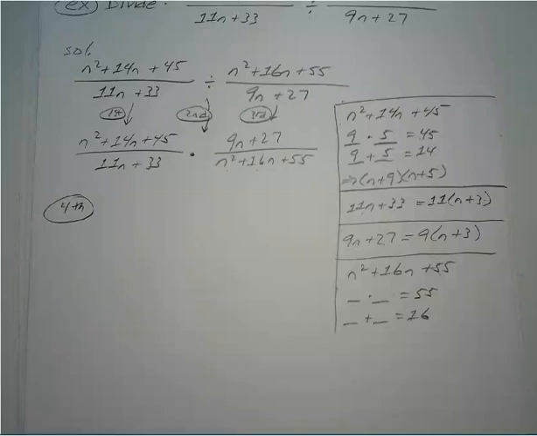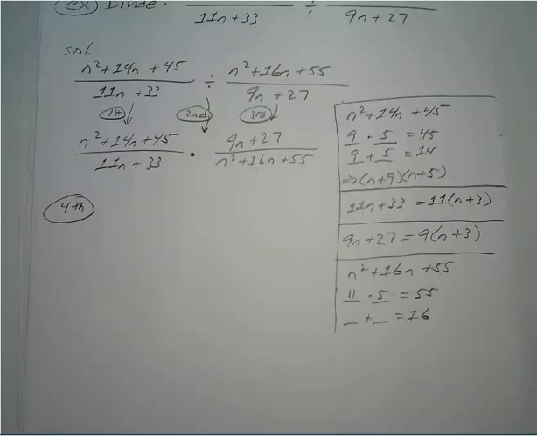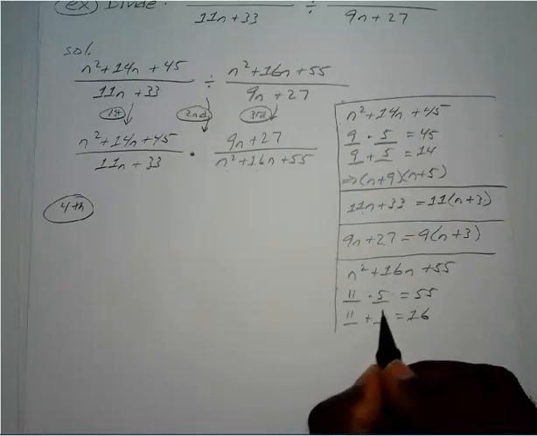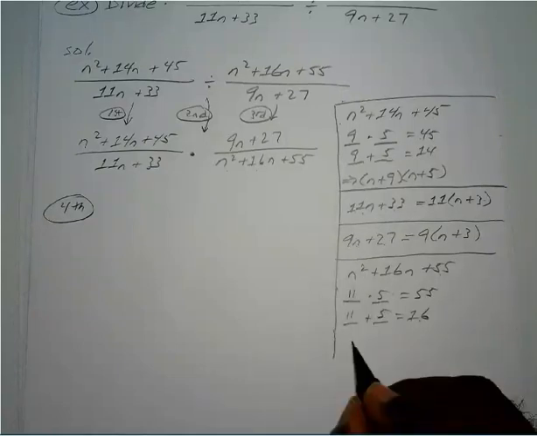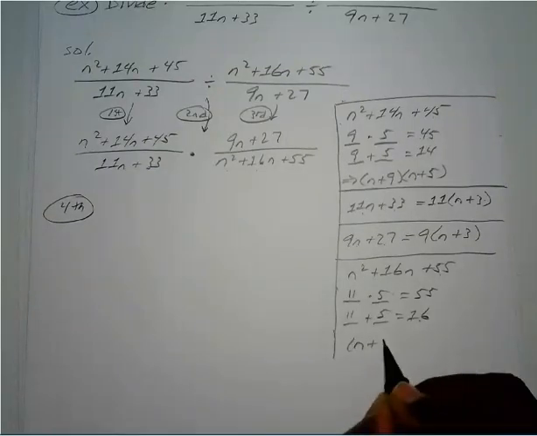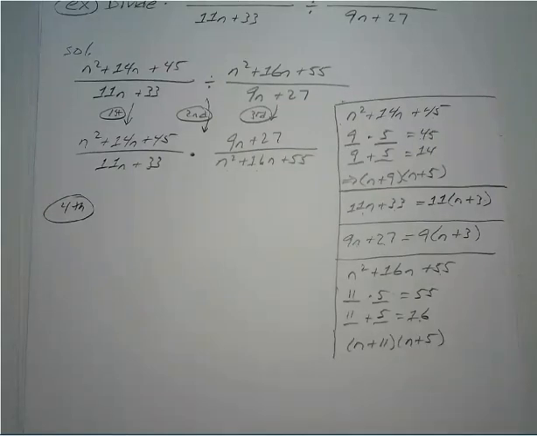Okay, so in this case, 11 and 5 works, because 11 times 5 is 55, and 11 plus 5 is 16. So that means this will factor into n plus 11 times n plus 5. Okay, so we have all of our factoring done.